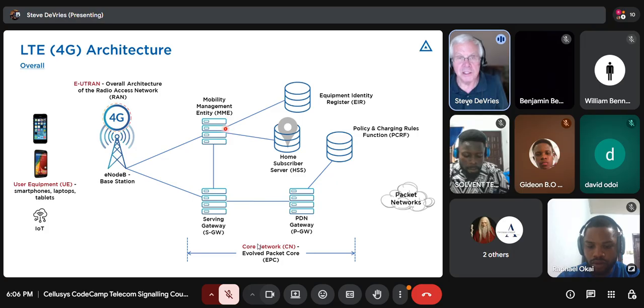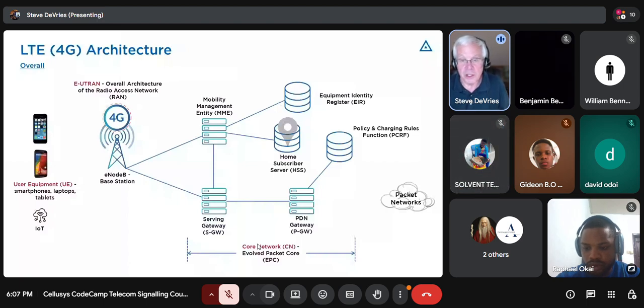The mobility management entity will update your location to the HSS, and the Home Subscriber Server, just like the HLR, has a copy of your profile, a copy of all of your services, and it also knows where you're at. It knows where you last did your update location. So any service that needs to find you will always go to the HSS first.